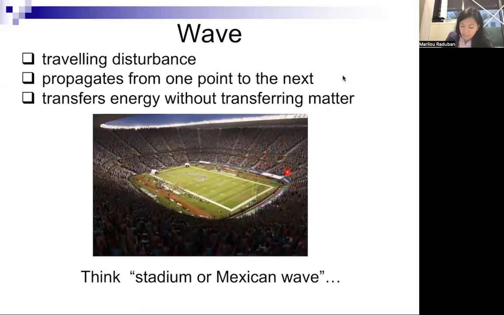Okay, so it's the wave, the disturbance, the waving action that travels around the stadium, but the people stay in their seats, right? So the people don't travel themselves, but it's just the waving motion or action that travels around the stadium. So that's a good analogy of what's happening in waves.